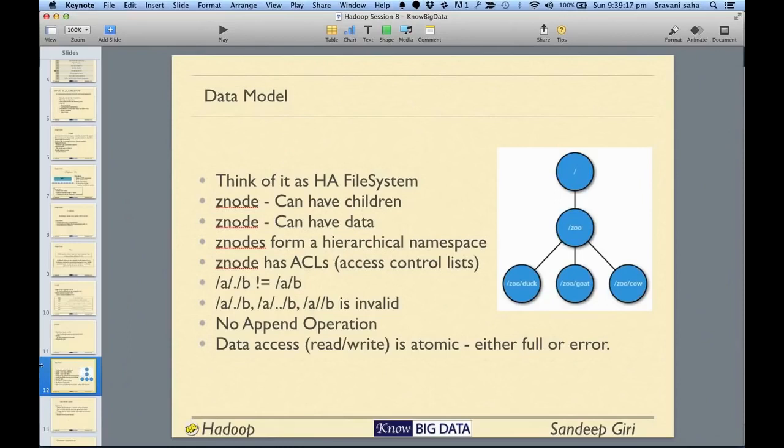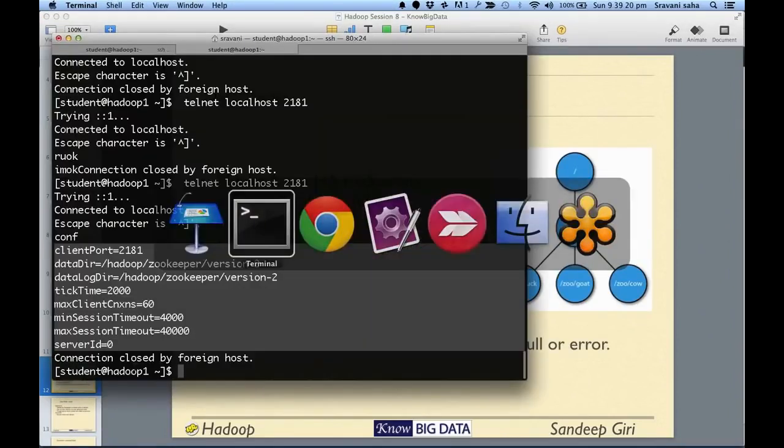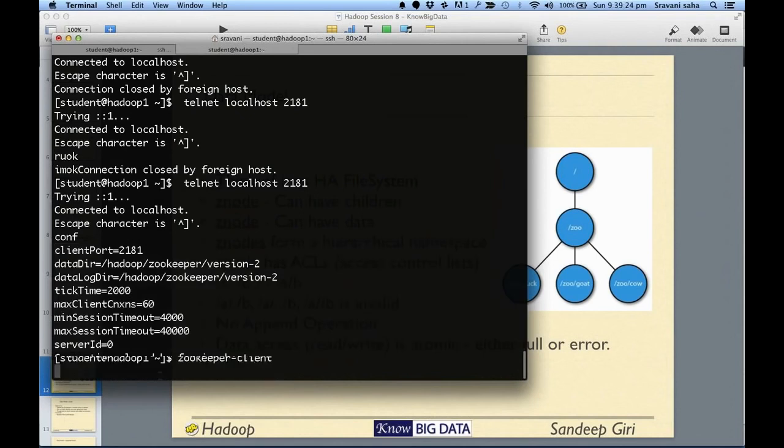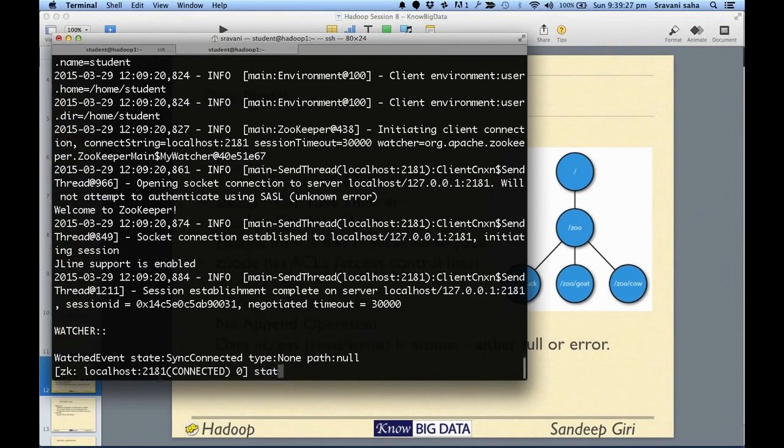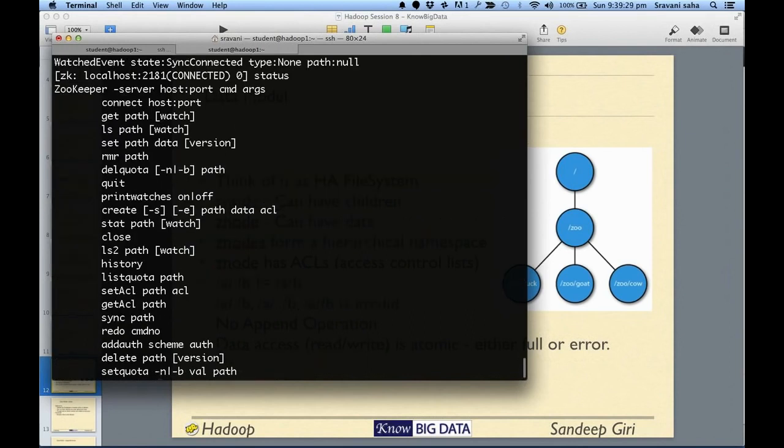Let's have a look at a hello world example. Let's boot our Zookeeper client. All right, now we are connected to Zookeeper.